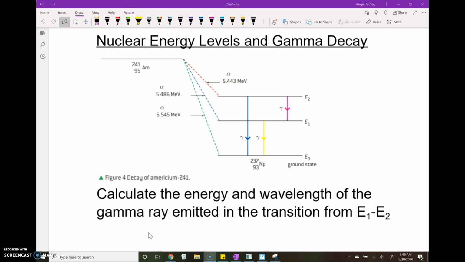Now, one of the things that happens when a parent nucleus, like americium, I'll label this as a parent, once it undergoes alpha decay, it has produced an alpha particle with a particular energy and a daughter nucleus. So when americium undergoes alpha decay, it produces neptunium down here, neptunium-237. Okay, so this is the daughter.